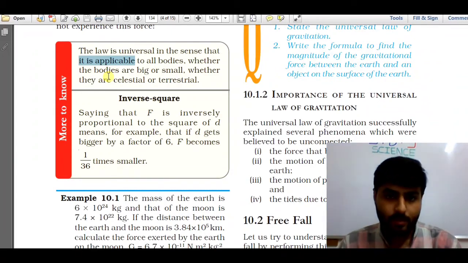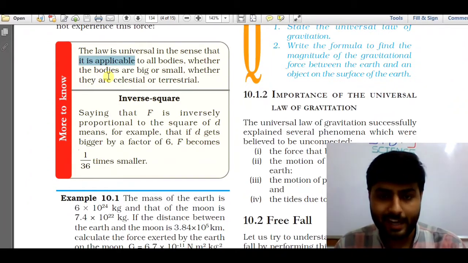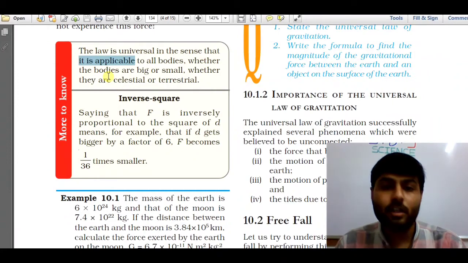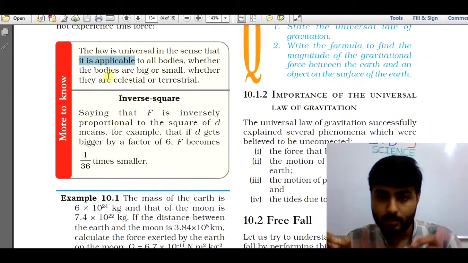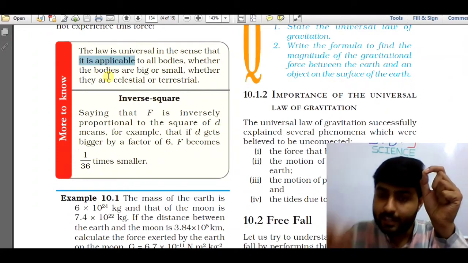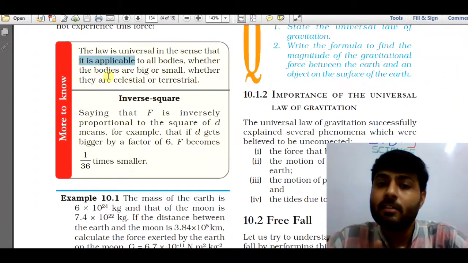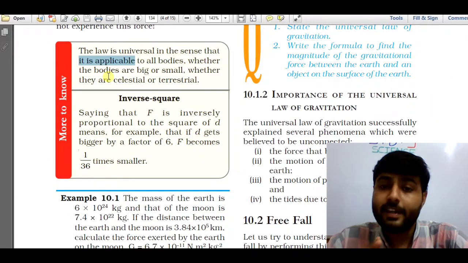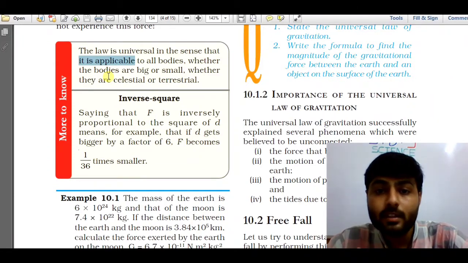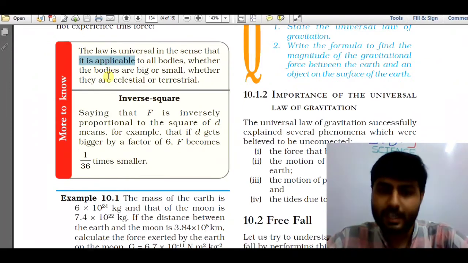As per the discussion in our past lecture, inverse proportion means if one quantity decreases, the other will increase. If one increases, the other will decrease. That we call inverse proportion. So here gravitational force is inversely proportional to the square of the distance between these two objects.